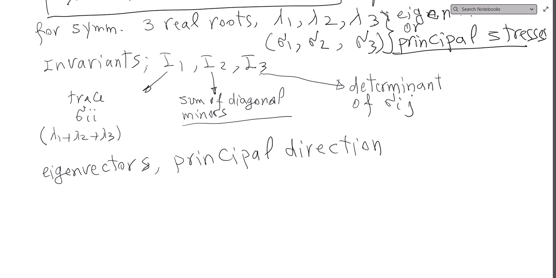I will not go through the details here, it's pretty lengthy, but for each lambda, which is lambda 1, lambda 2, lambda 3, these are our principal stresses, solve the system.